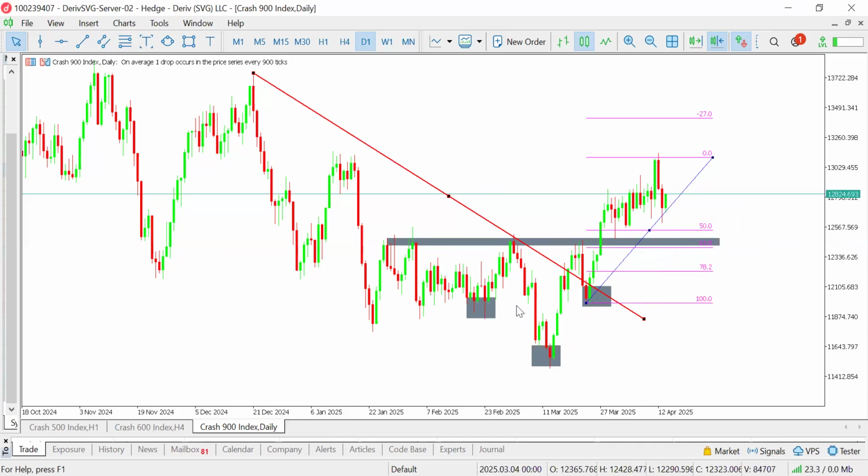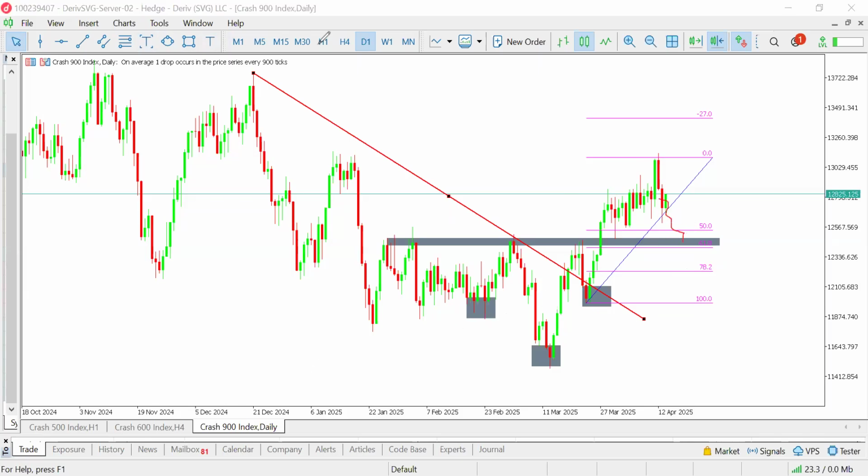Now, why will I say that? We have an inverse head and shoulder, we have a support, we have a Fibonacci retracement tool, and the support that we have here is also coinciding with the golden zone of the Fibonacci retracement tool. So how will I approach this particular market? Just like in the first instance, I'll patiently wait for price to come down gradually into the zone.